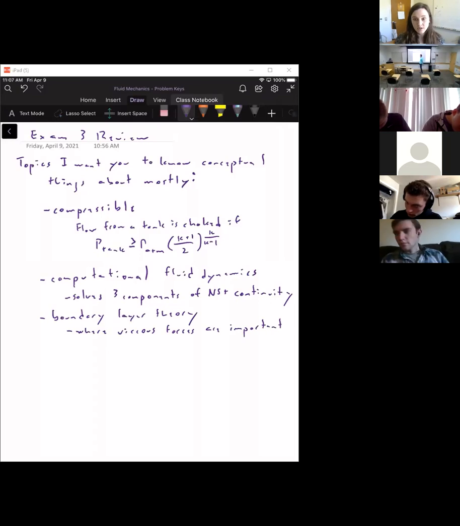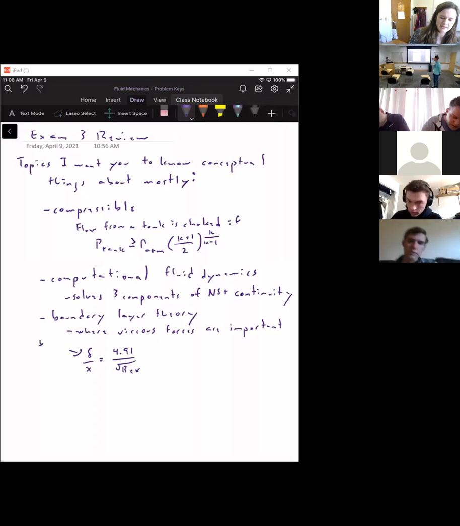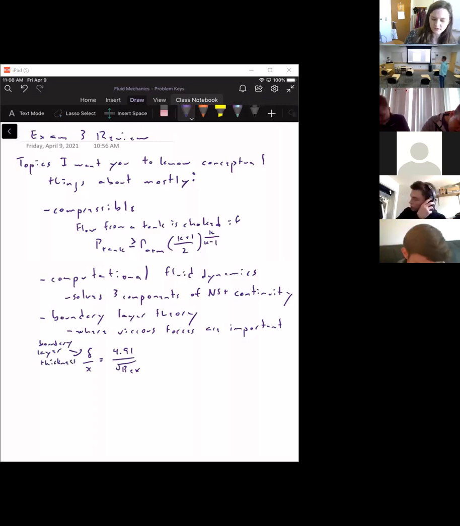If you want to know one equation about this, it would be this one, where this is the boundary layer thickness, for flow over a flat plate.